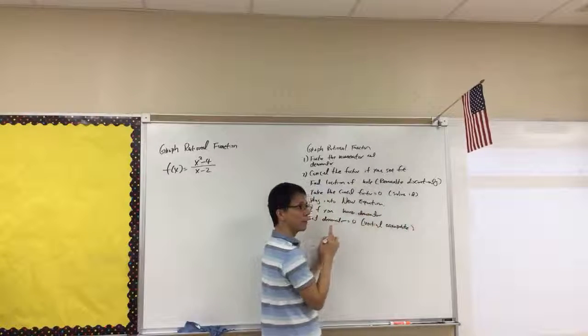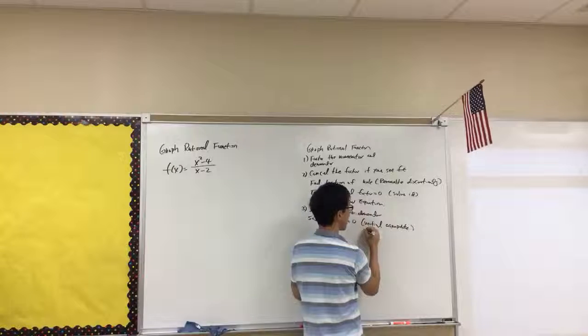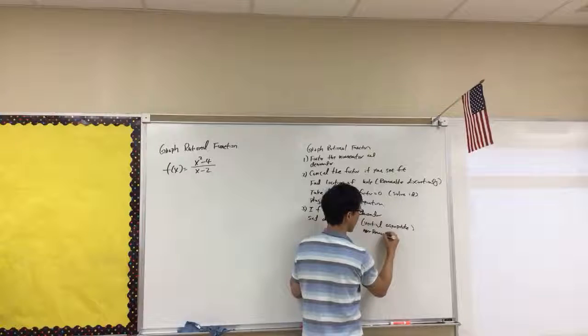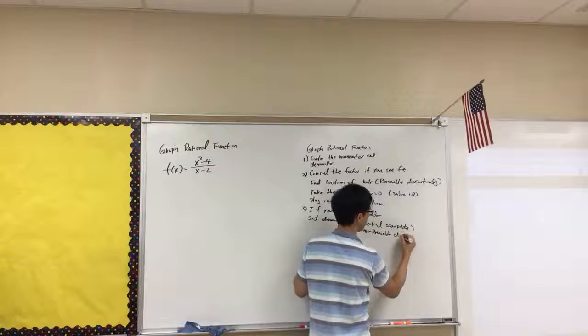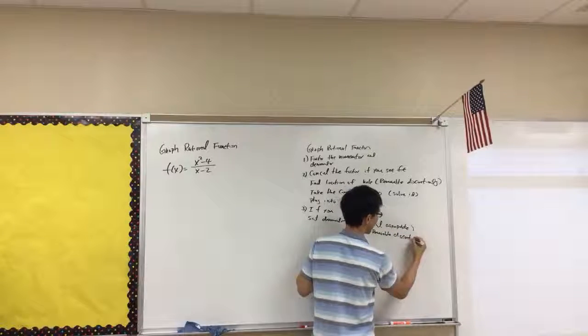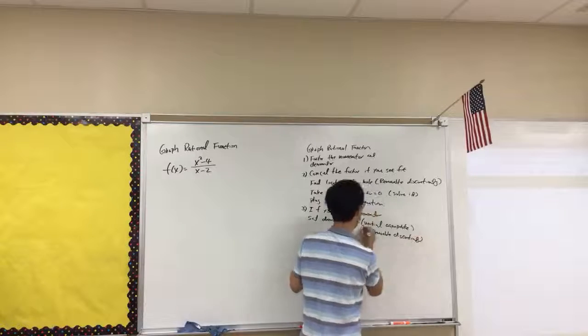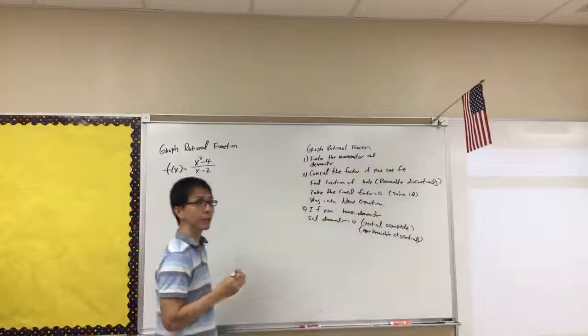A vertical asymptote is also called a non-removable discontinuity. Okay, non-removable discontinuity. Yes, Ken?